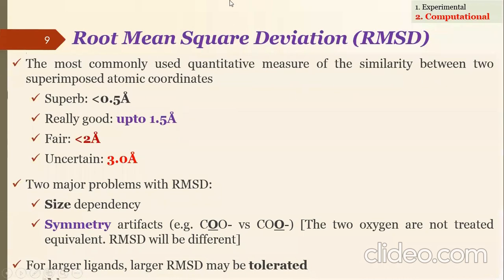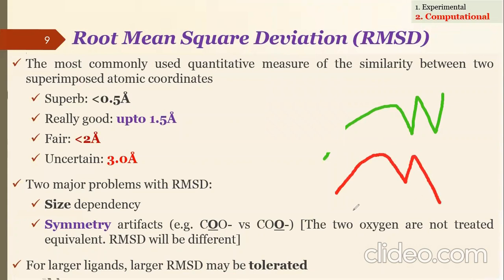So this is a quantitative measure, commonly used to check the similarity between, like, if we have a molecule and we have another molecule like this, we will superimpose this molecule over this molecule to check whether they are okay or not.